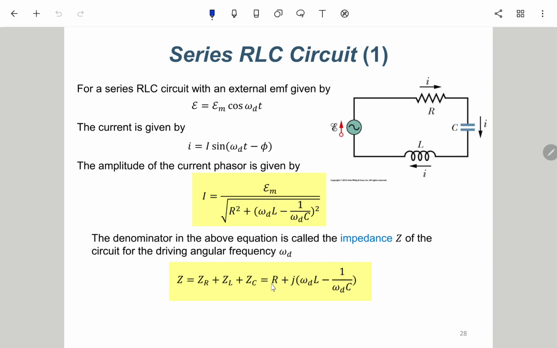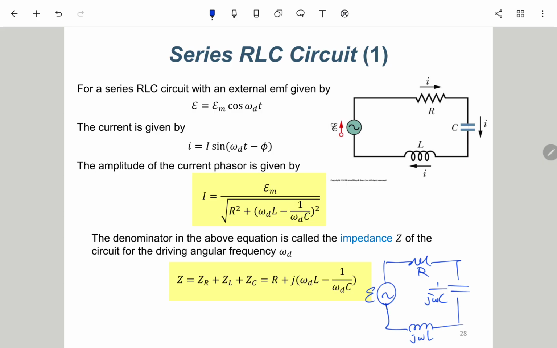For the total impedance, we have this E, and then we have R, 1 over jωC, and the inductor jωL, all connected in series. If impedances are in series, we add them together.